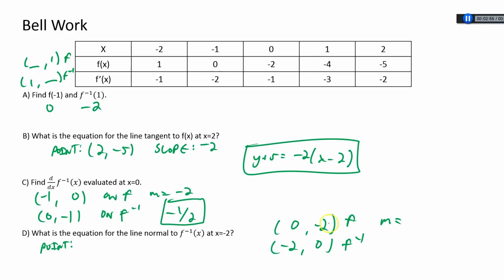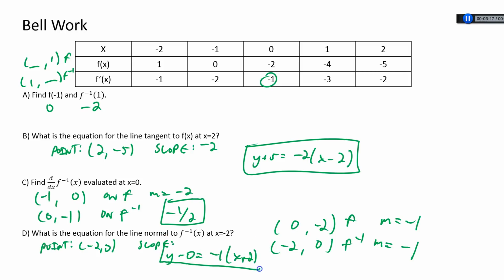And so we got our point, negative 2, 0. And the slope is going to be the derivative here. So I can find the derivative of the regular function at 0, negative 2. That is negative 1. So this is going to be reciprocal, which is still negative 1, right? Because 1 over negative 1 is negative 1. So we got y minus 0 is negative 1 times x plus 2. Nice.